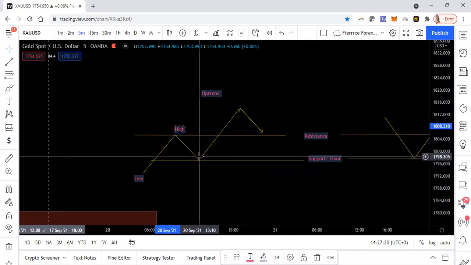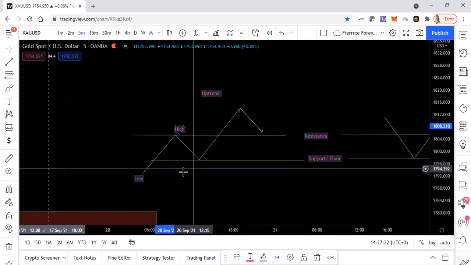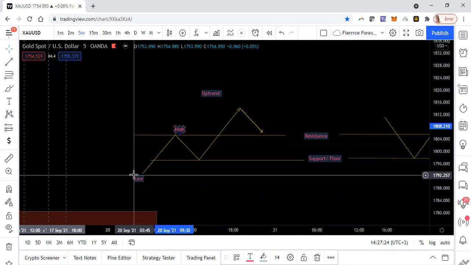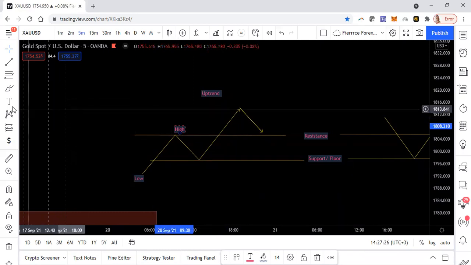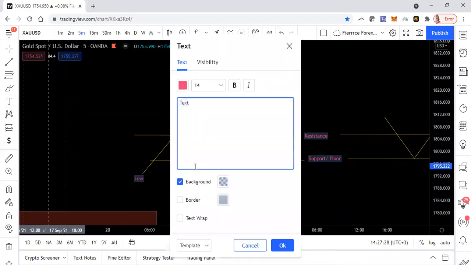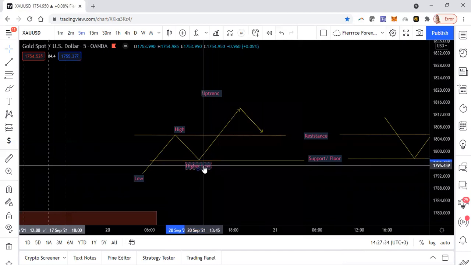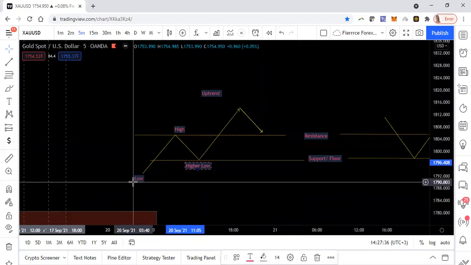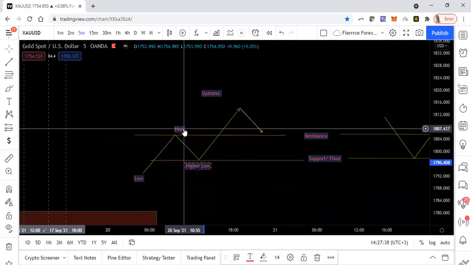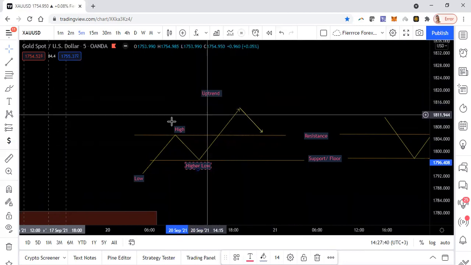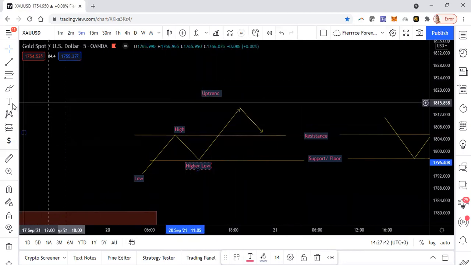Now, this low here vis-a-vis this low is actually higher. And hence we would like to call it the higher low. So this is the higher low. It's higher vis-a-vis this other low. And then price pushes up and forms a high, but a high that is higher than this other high.